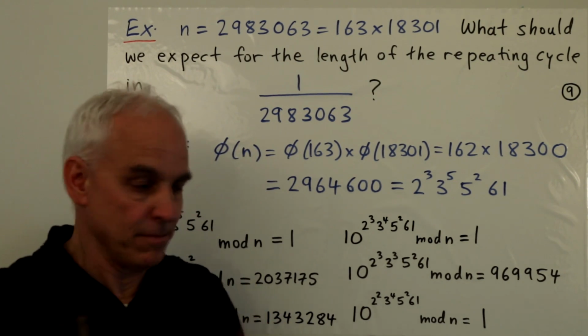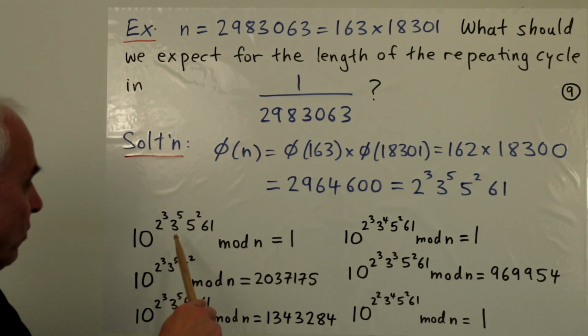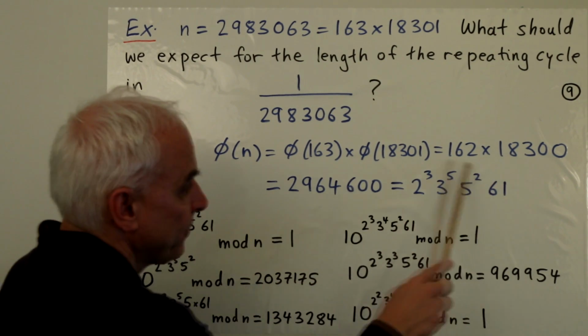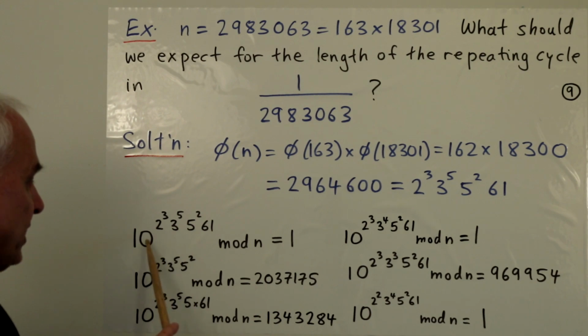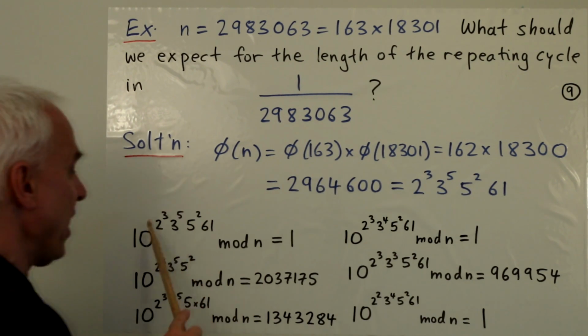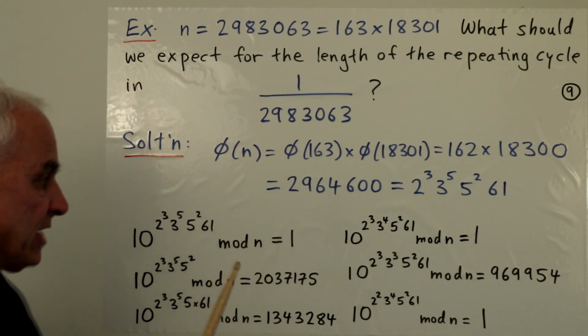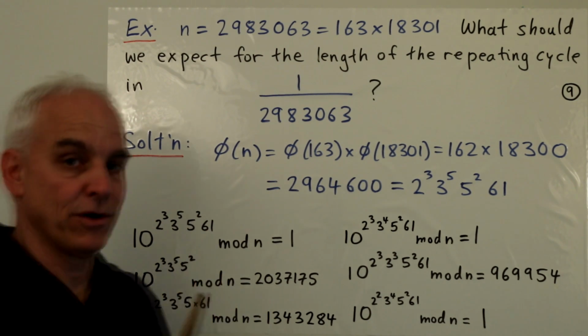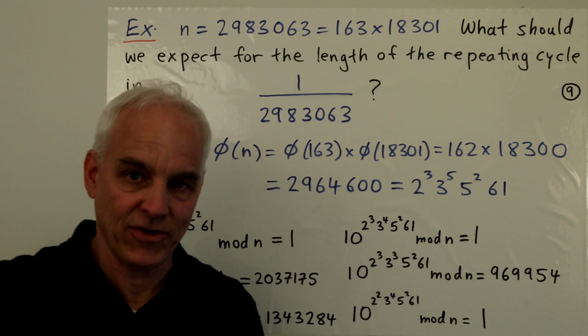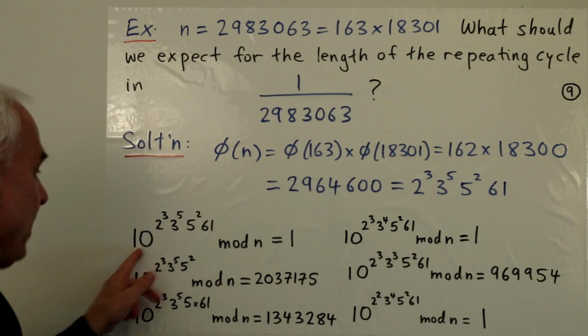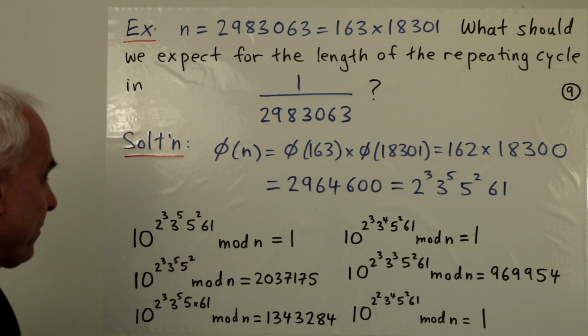That's the magic number. So we start with the full number here, and we just check that when we take 10 to phi of n, we get 1 mod n. That's as it should be. That's what Euler's theorem tells us, because 10 and n are relatively prime.